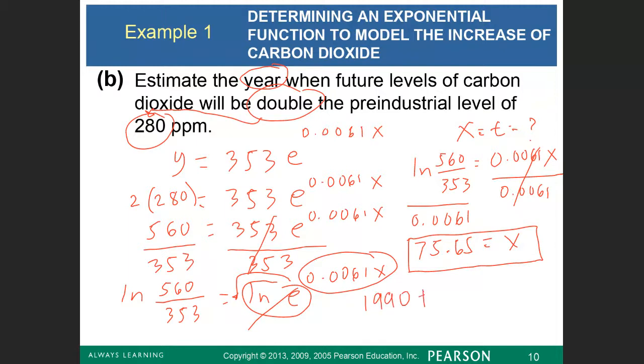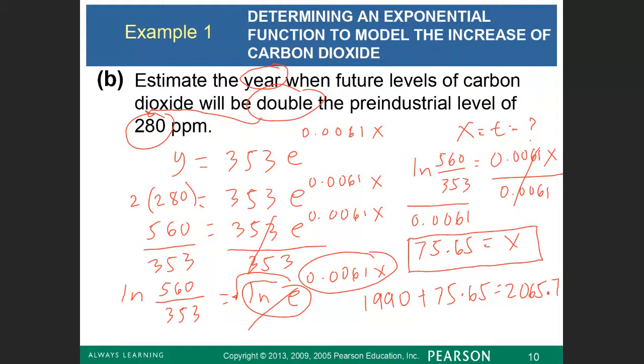We add this 75.65, and we will get 2065.7.